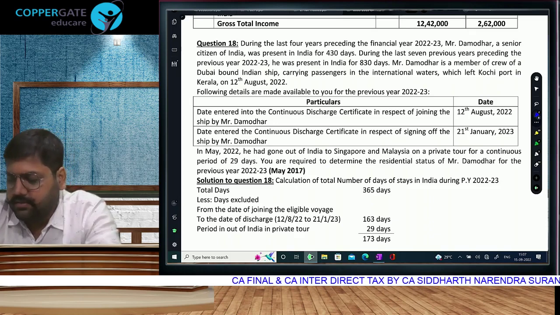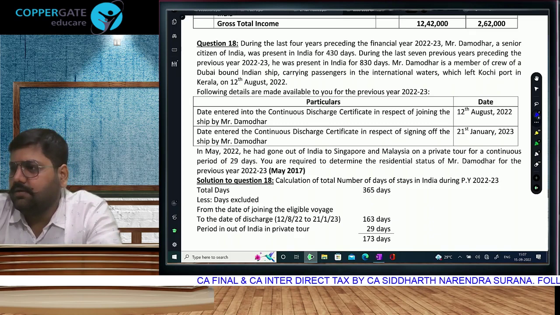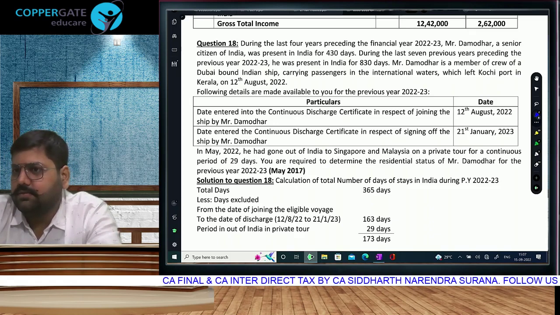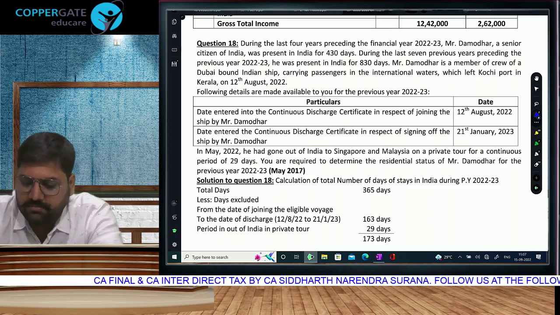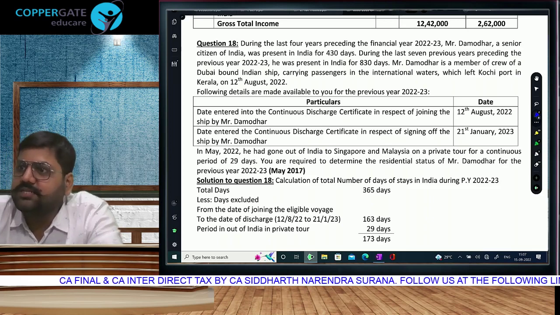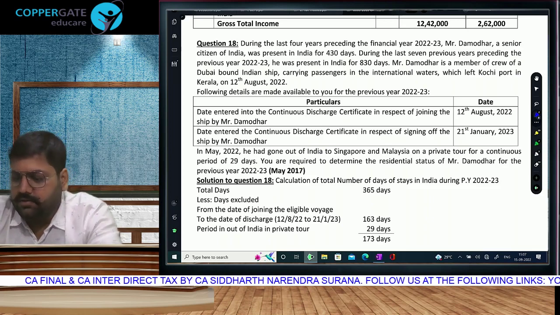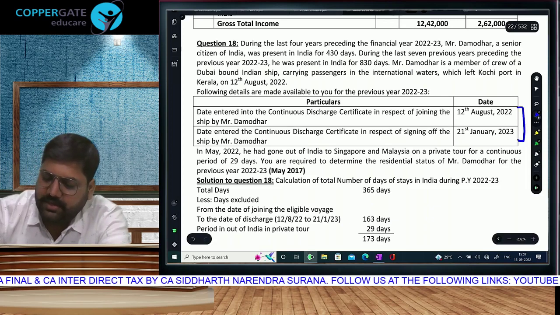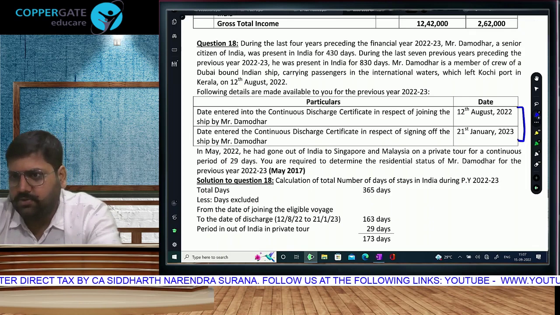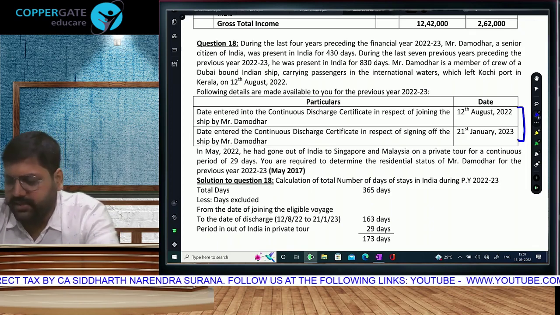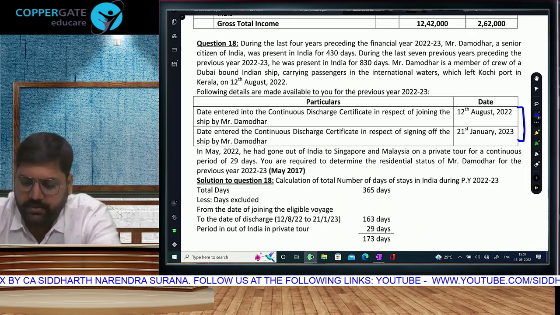That means, can I say this is the date when he has completed his CDC? He has not come back. CDC is going on till this date. That means the data from this period to this period has to be excluded. Whatever is the total number of days in the year, this period is going to be excluded. What else?